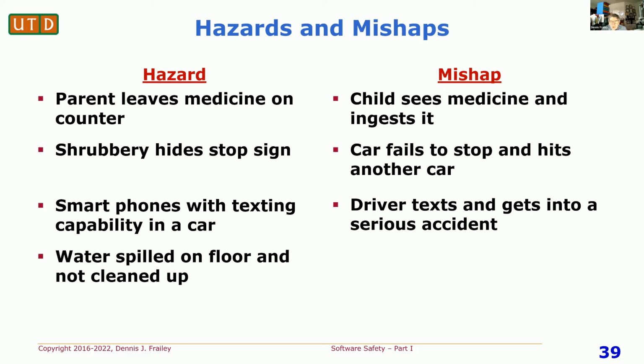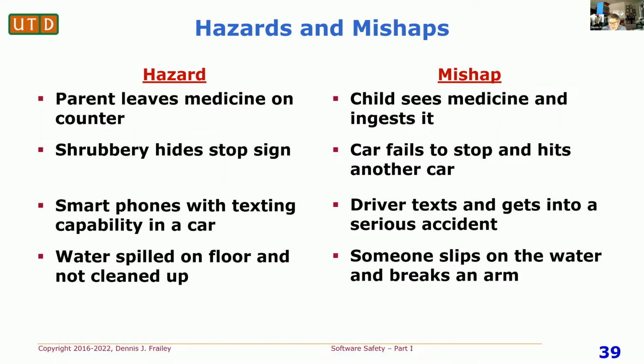Water is spilled on a floor and not cleaned up. That's the hazard. Someone slips on the water and breaks their arm. That's the mishap. So both of these situations have to happen in order for the harm to be done. But where you focus when you're designing your software is on the hazard.